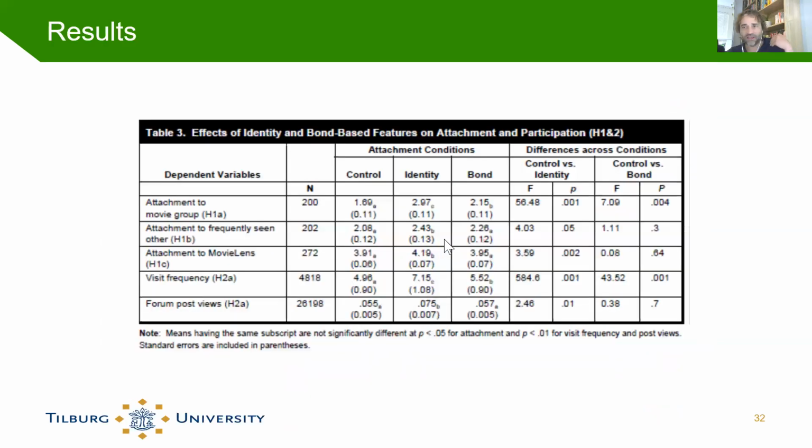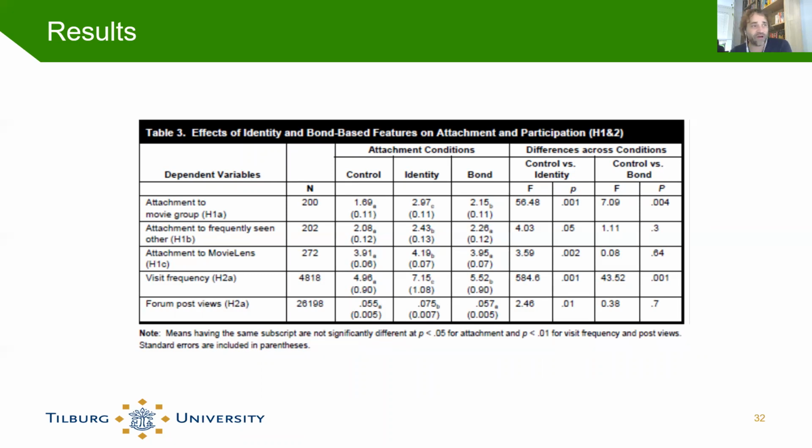And what they found is that if you compare it to the control group, who had no common features, you see that common identity and common bond really worked well in terms of attachment to the movie group, the visit frequency, post views, but also posting behavior, so knowledge sharing. Which basically means you have a group of people who don't know each other, but if you're able to structure such a website in such a way that you create a common identity or a common bond, you see that people are much more willing to participate and to share knowledge.